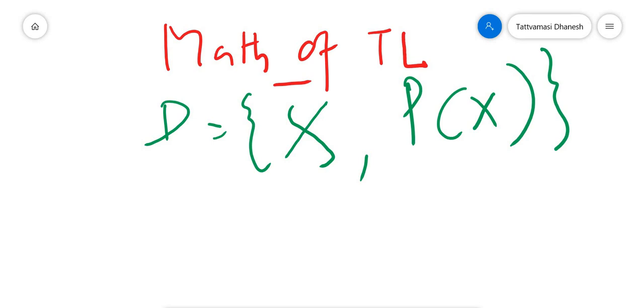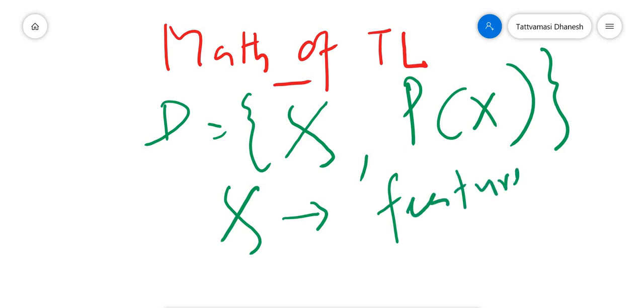So what is psi here? Psi is the feature space. And what is P of x here? P of x is the marginal probability.